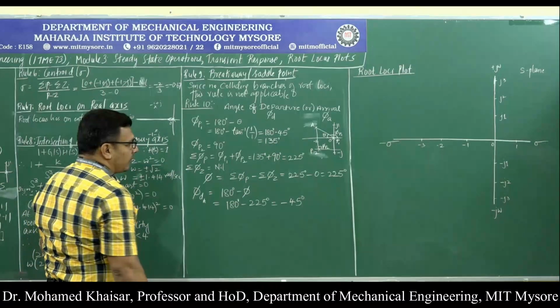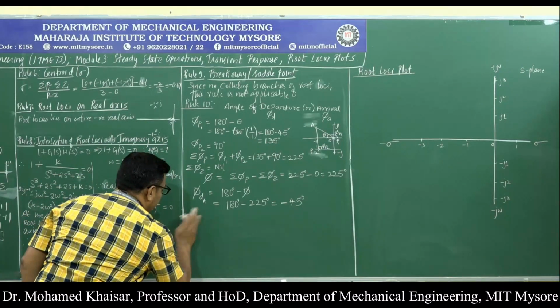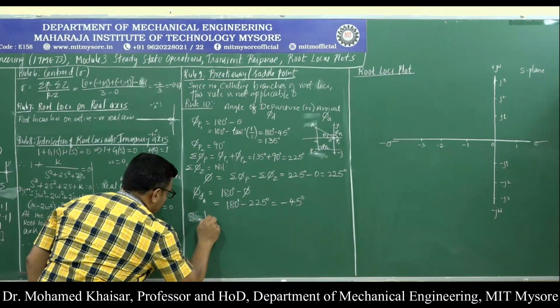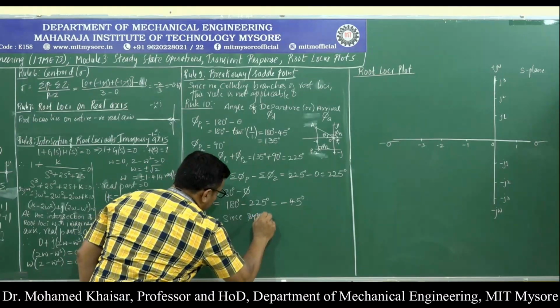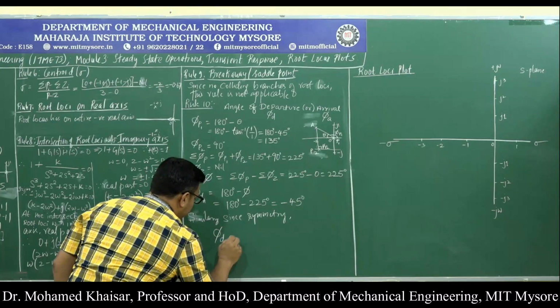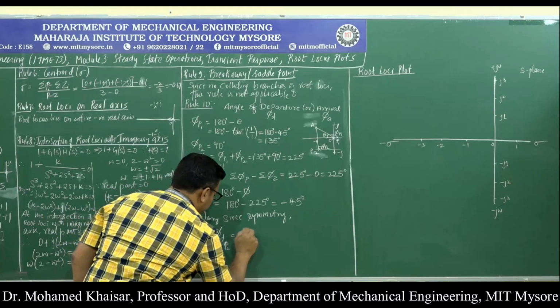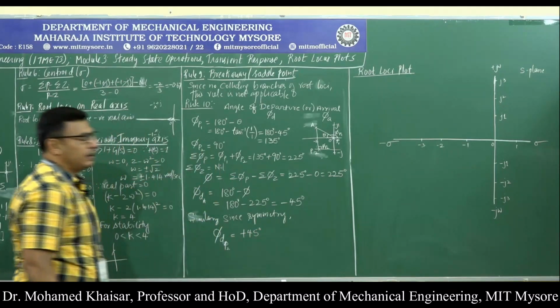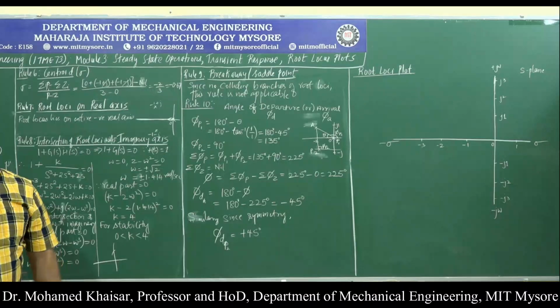And therefore, since there is symmetry, similarly phi d for pole P2 will be equal to plus 45 degrees. Now all the 10 rules are over. We have calculated the analytics for all the 10 rules. Except the breakaway point, all the other 9 rules are applicable.